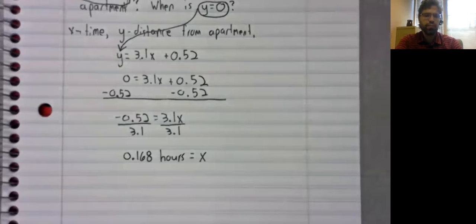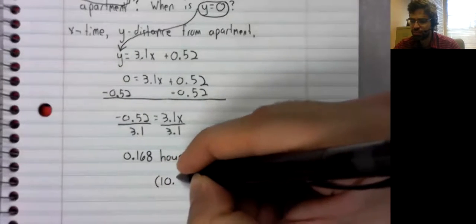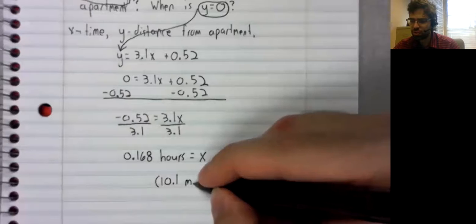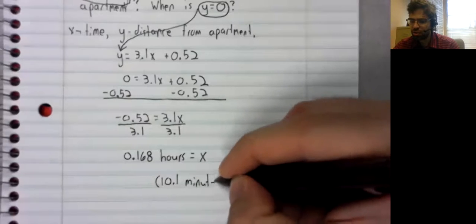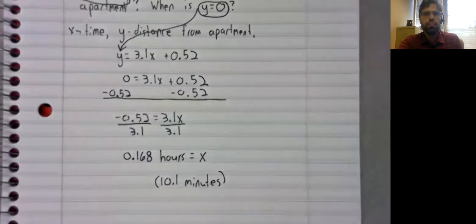If we wanted to get maybe a slightly more readily understandable answer, we could multiply this by 60 to convert it into minutes. It's about 10.1 minutes.